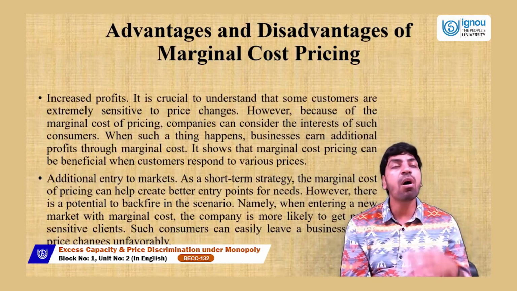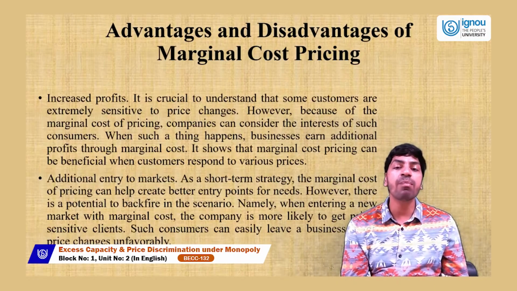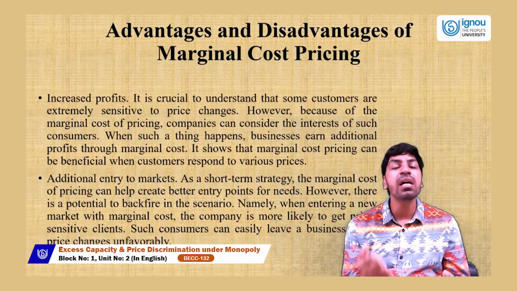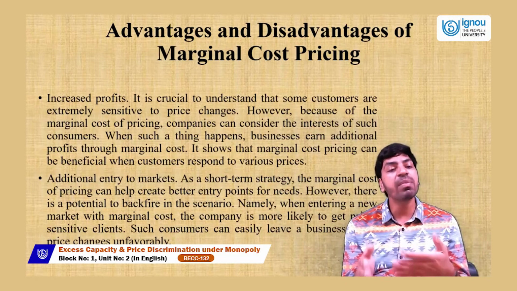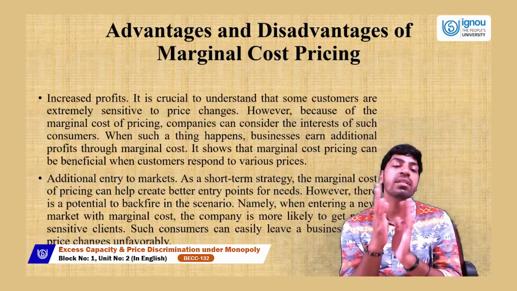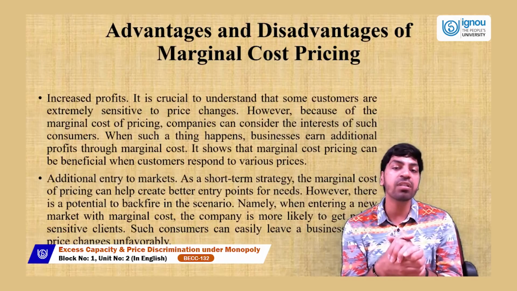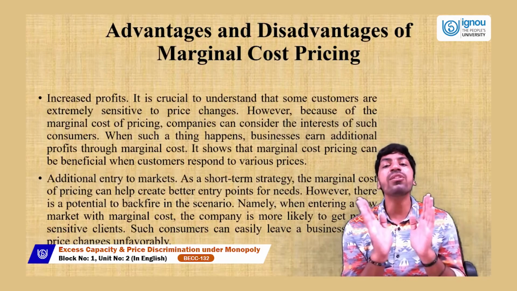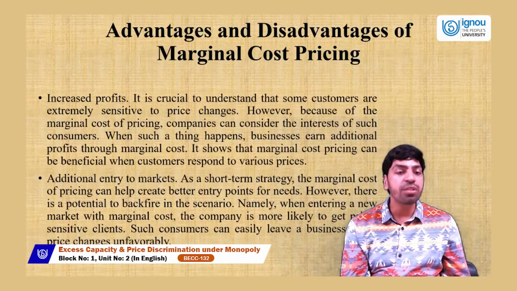Because of marginal cost pricing, companies consider the variable cost of production and decide the price according to the interest of the consumers.